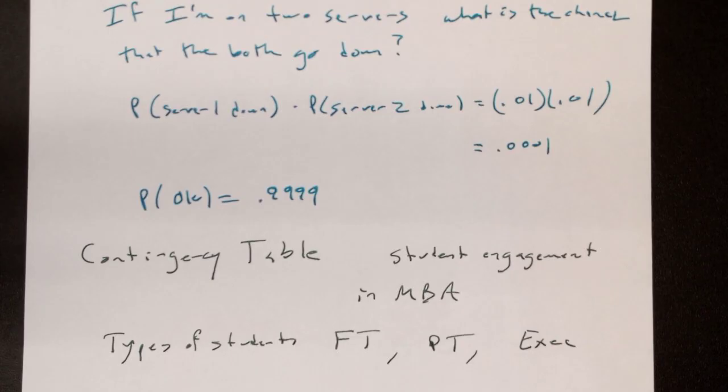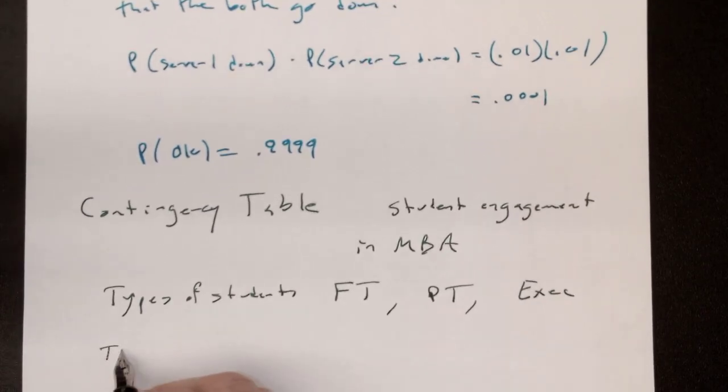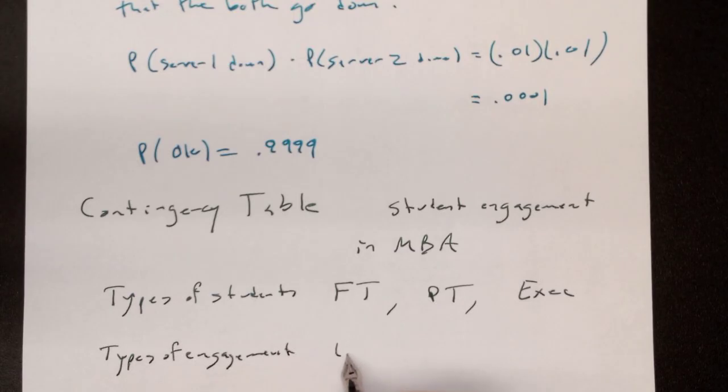And then I'm going to measure engagement as low, medium, and high. So I've got 9 categories here.